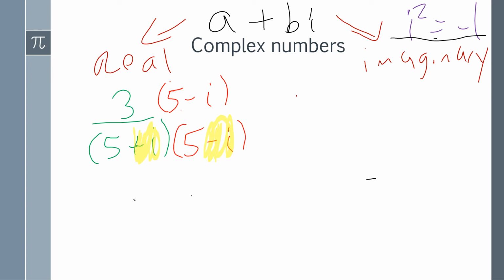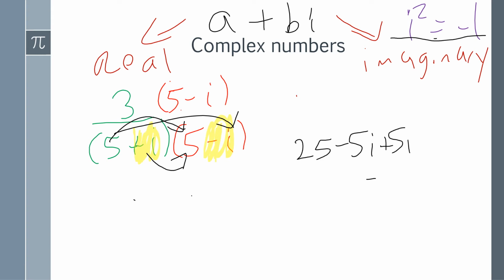So let's do this using our FOIL method. So you get 25 minus 5i plus 5i minus i squared. Well, that simplifies to, remember, -i squared.